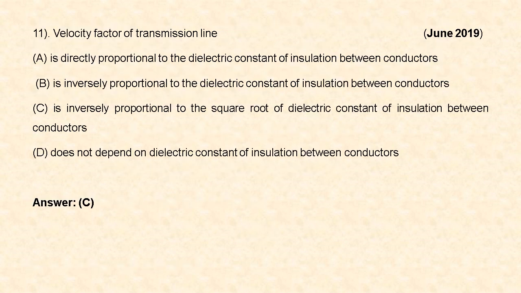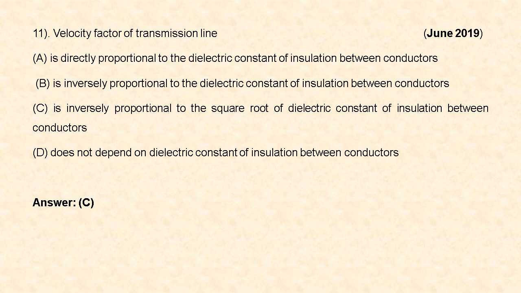Next question. This question was asked in June 2019. Velocity factor of transmission line is: option A, directly proportional to the dielectric constant of insulation between conductors. Option B, inversely proportional to the dielectric constant of insulation between conductors. Option C, inversely proportional to the square root of dielectric constant of insulation between conductors.